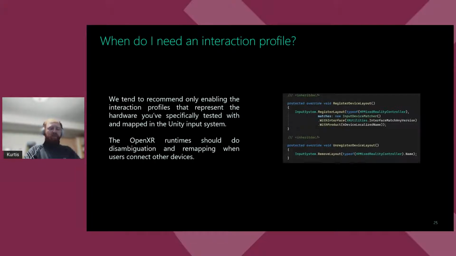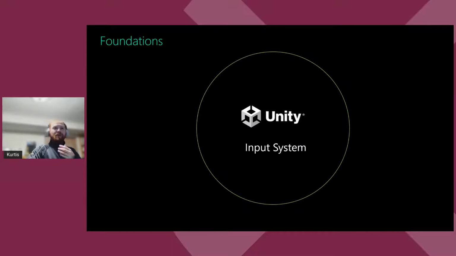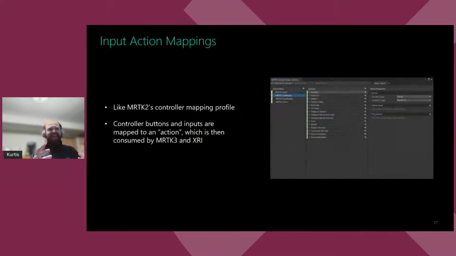Cool. So that's a little bit about Unity's OpenXR extension hooks. Real quick, I will jump into the input system. I've been talking about the input system and what you can do there, and now I'll show you a little bit more. Like I've said before, it's very similar to MRTK's controller mapping profile.